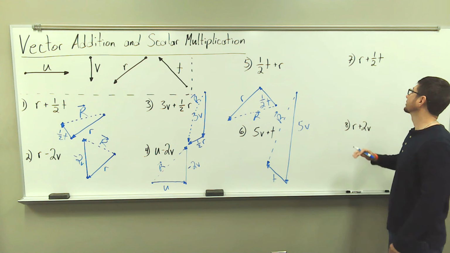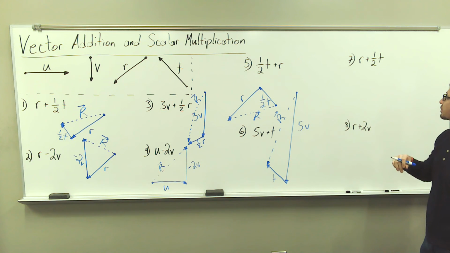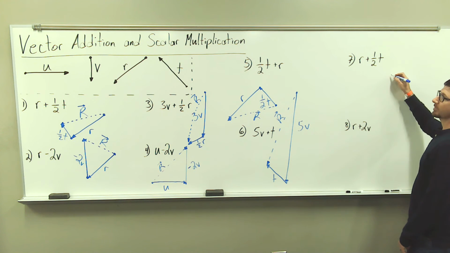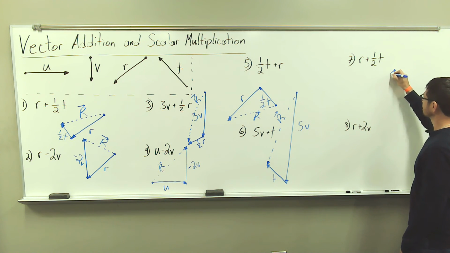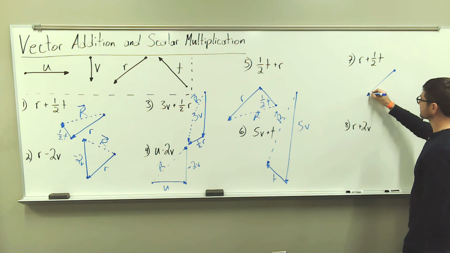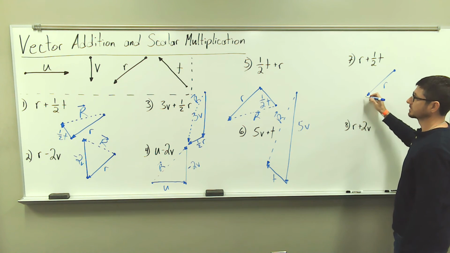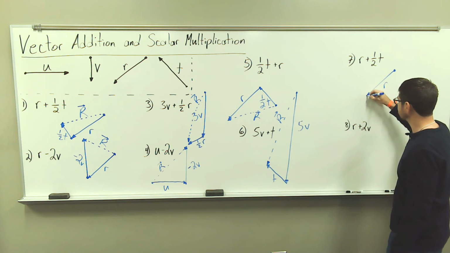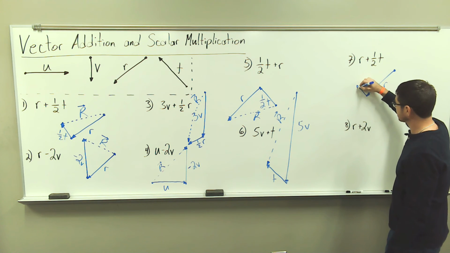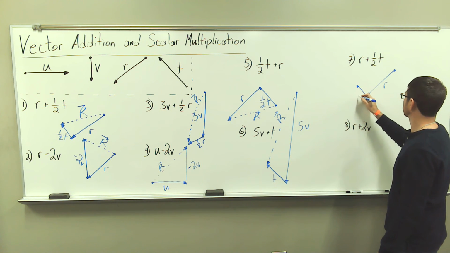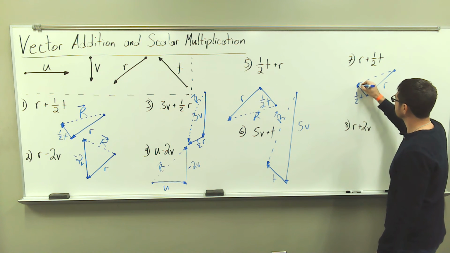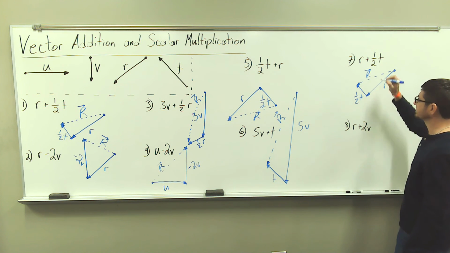And let's do 2 more. We have vector r plus 1/2 the magnitude of vector t. So vector r, and right here we have vector t, so 1/2 the magnitude of that. There's our resultant.